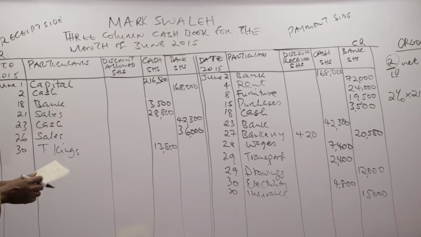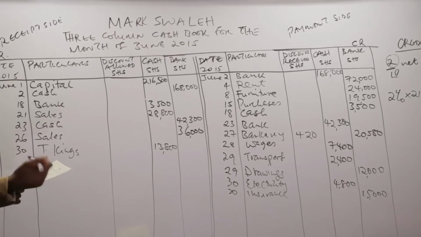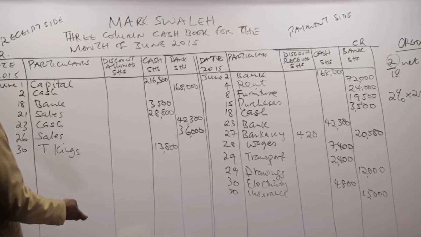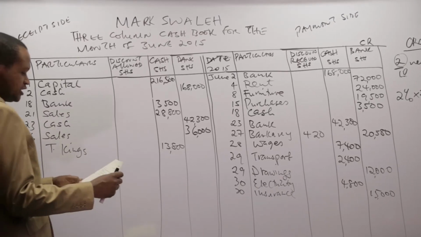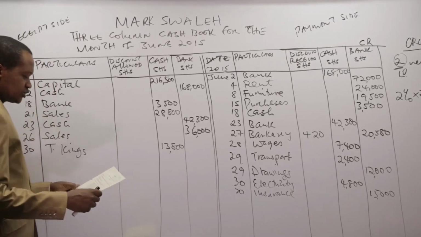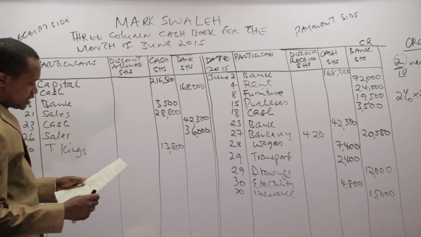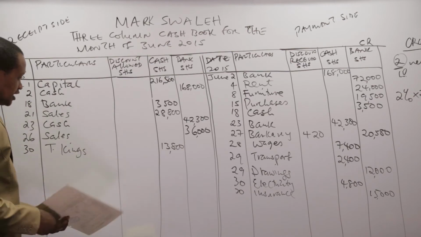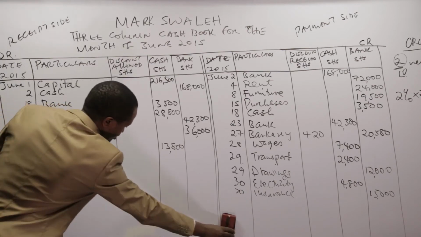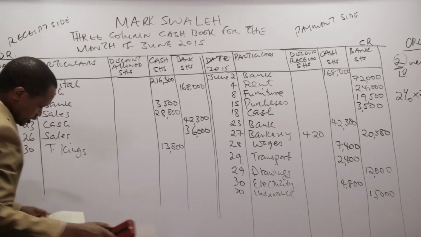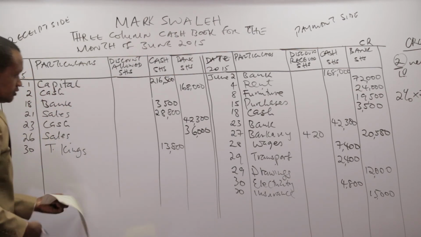And we are told in full settlement of amounts due from him. So in full settlement of the debt. So you can see the amount that T. Kings was supposed to pay on 27th is 14,300. T. Kings was sold goods amounting to 14,300.